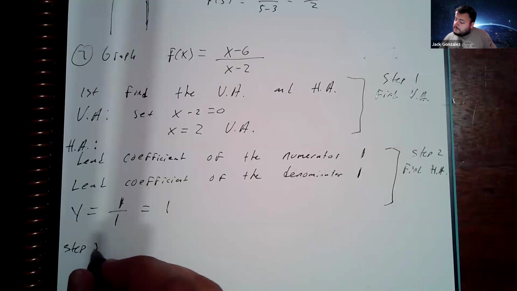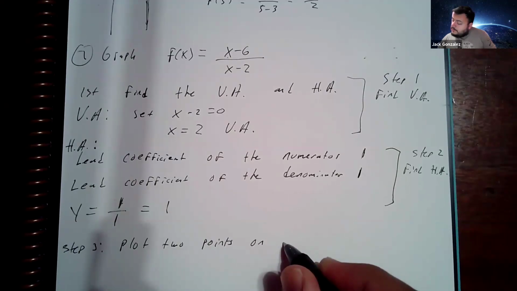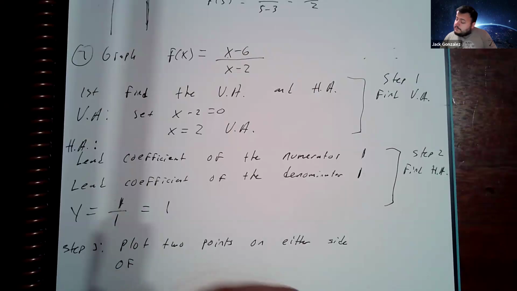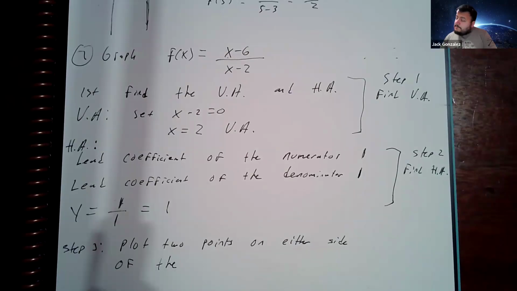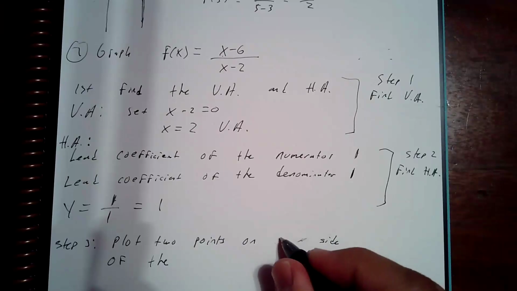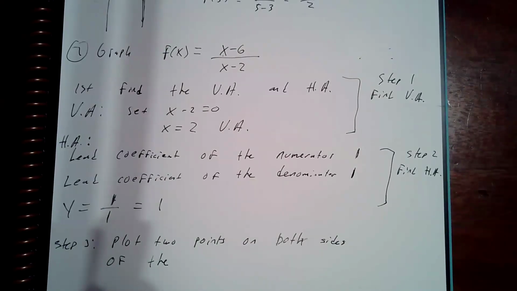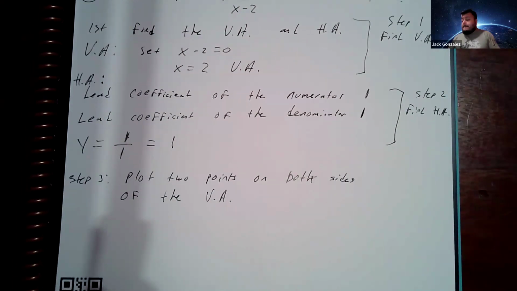Step 3, plot 2 points on both sides of the vertical asymptote. So either side of 2.